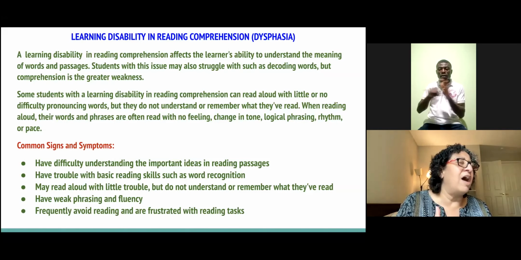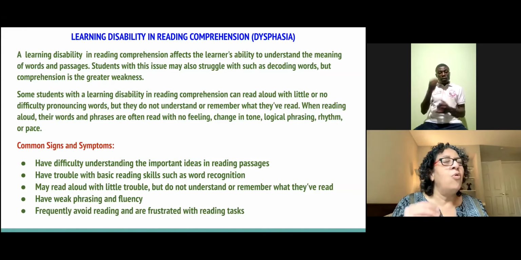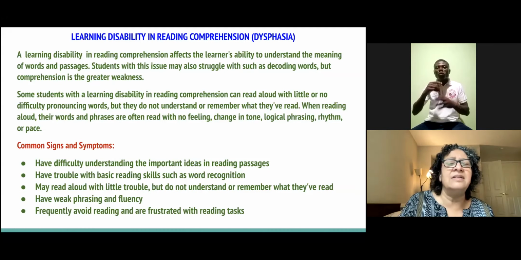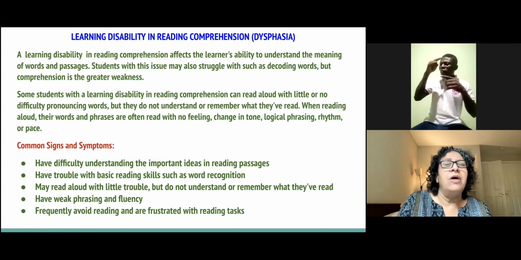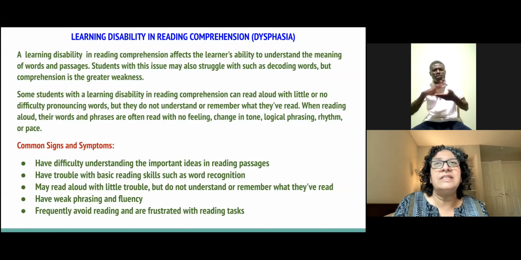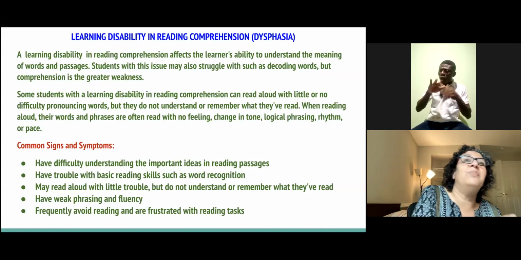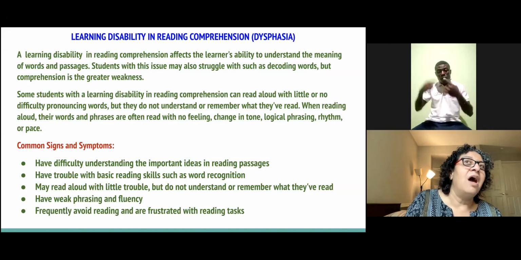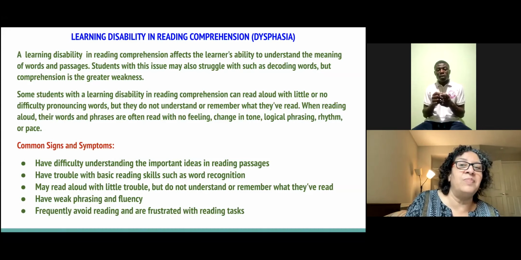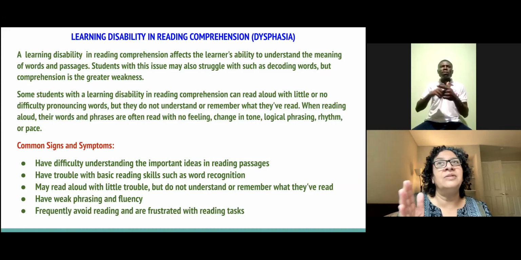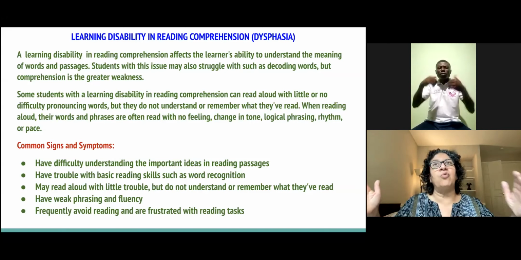They may not get what the main idea of the story was, who the main character was, where the incident was happening, or whose birthday it was in the story, where they were staying, what could have happened before the story. They can't imagine what the prediction could be, what could happen next, and they have challenges with sequencing the whole story event.